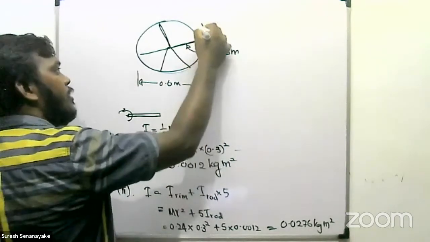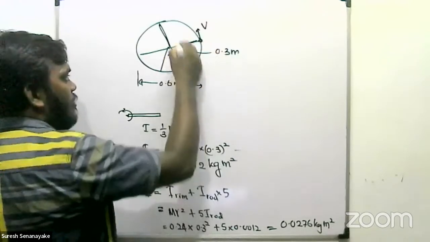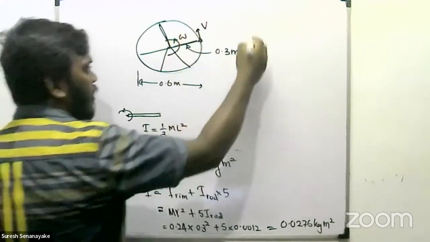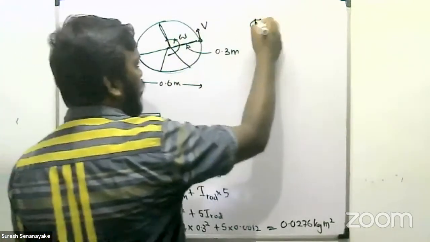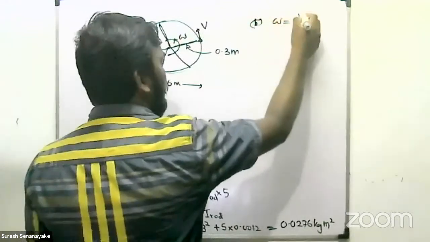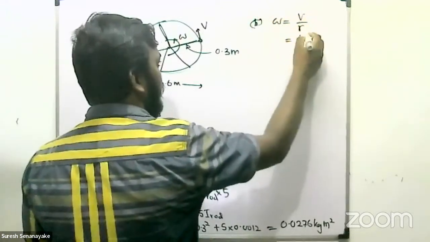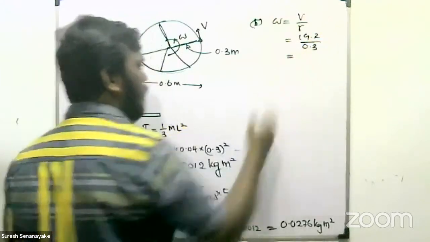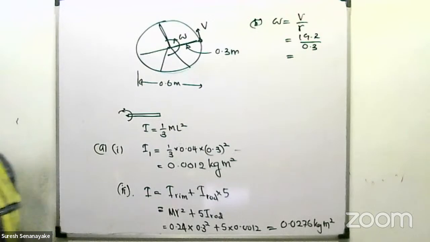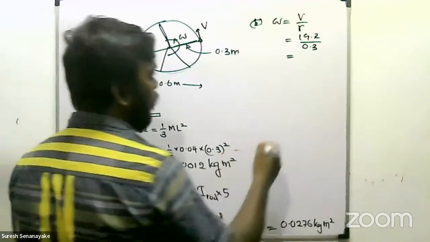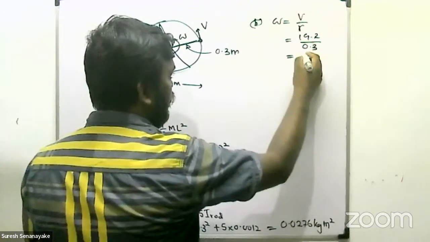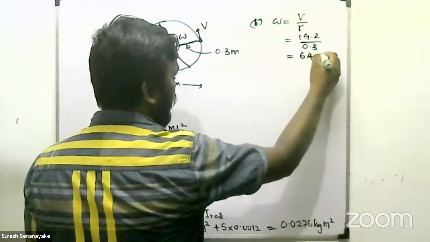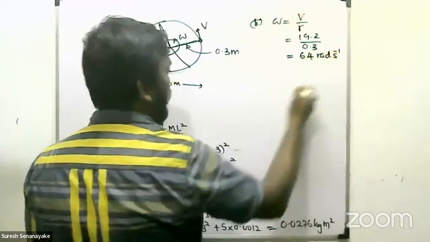This velocity they've given. As rotating is omega, then you can write that omega is equal to V over R. That's 19.2 divided by 0.3, which is 64 radians per second.